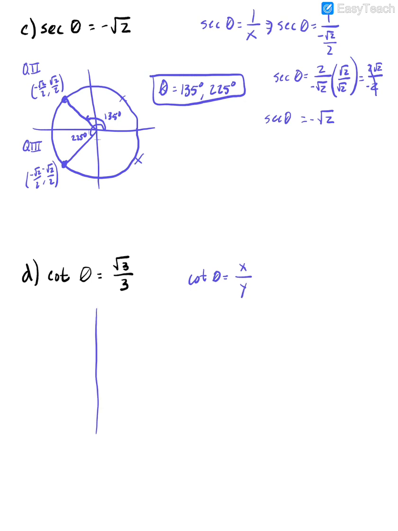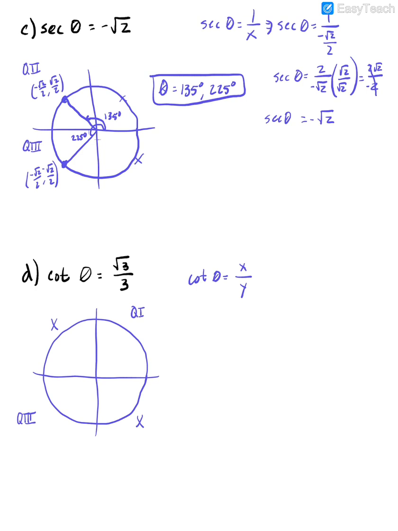I'm looking on the unit circle for values that give me a positive ratio for cotangent and tangent, because they're kind of the same. So that would be the first quadrant, and that would be the third. Remember, in the third, everything's negative. So x and y are both negative, and if I divide them, that makes them positive. So the second and the fourth are a no-go here.